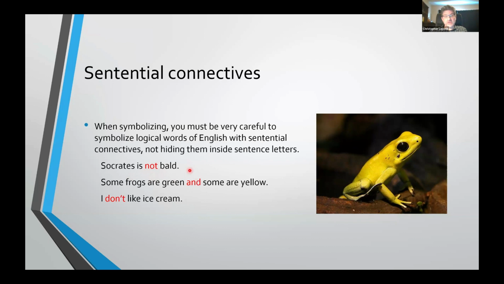You can't have Socrates is not bald as just a sentence letter by itself. The logical vocabulary here needs to be pulled out and represented with an operator of SL. Same thing with the and here, and here with don't. This is something you would also have to represent with a logical operator.